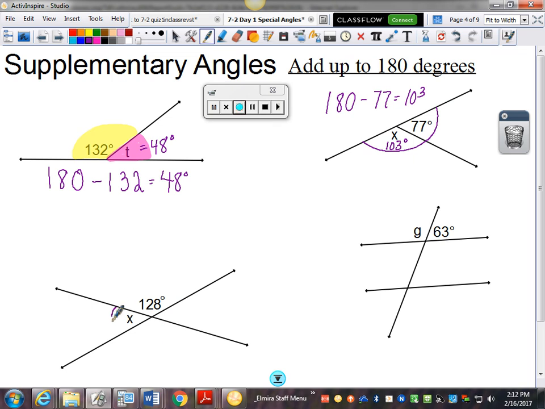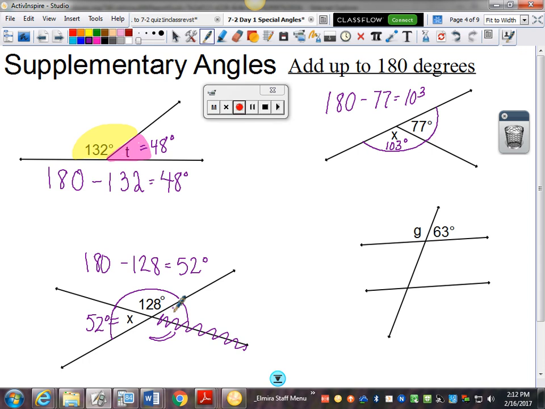So again, if I draw my arcs, and I'm making a half circle with those arcs, that tells me 180 minus 128 equals 52. Okay, we can ignore this line. We can ignore that angle, we can ignore that angle. Those don't matter. Just focus on what is labeled.